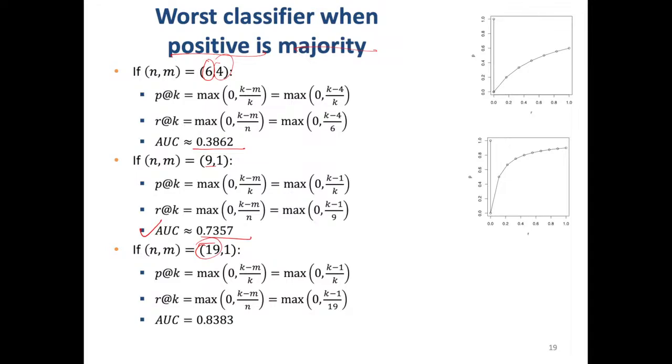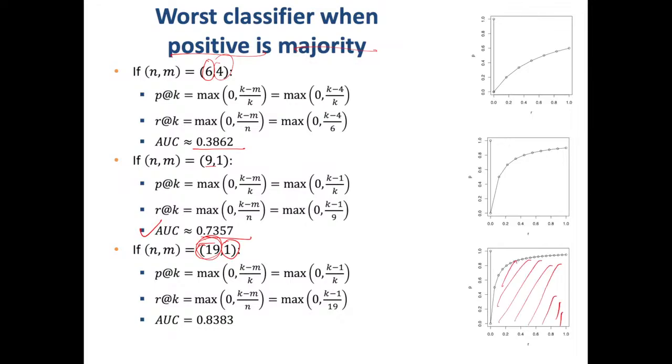Then we can know whether the area under the PR curve is a good number or not. So if the number of positives is 19 and the number of negatives is 1, this is the unreachable area. The unreachable area is really, really large, which means even the worst classifier has a really large area under the PR curve.